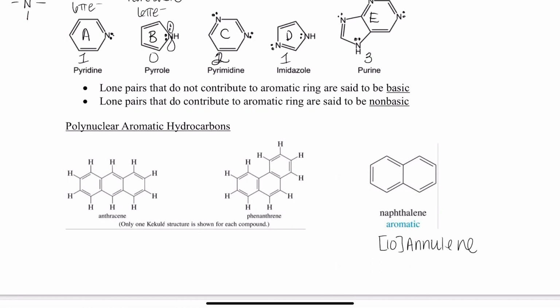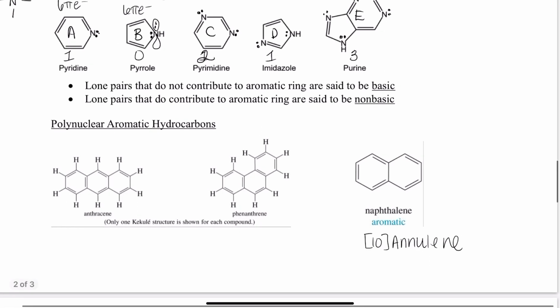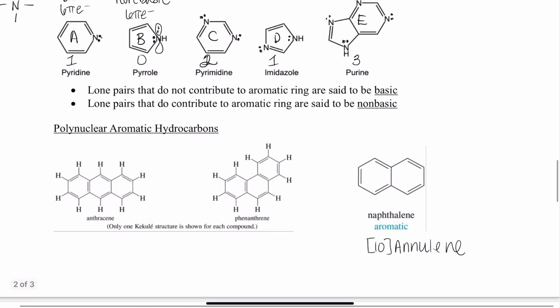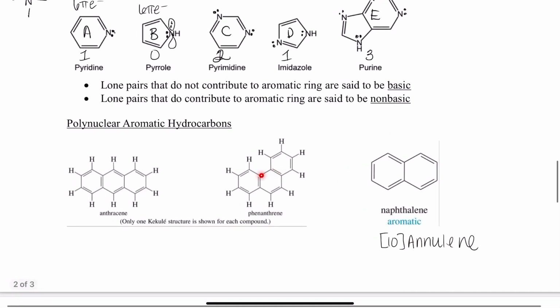And all of these are going to be aromatic. We see that they all are cyclic structures. They all have conjugated systems. And because we're fused together and we share carbons where we're fused, this is also going to help us maintain a planar conformation.